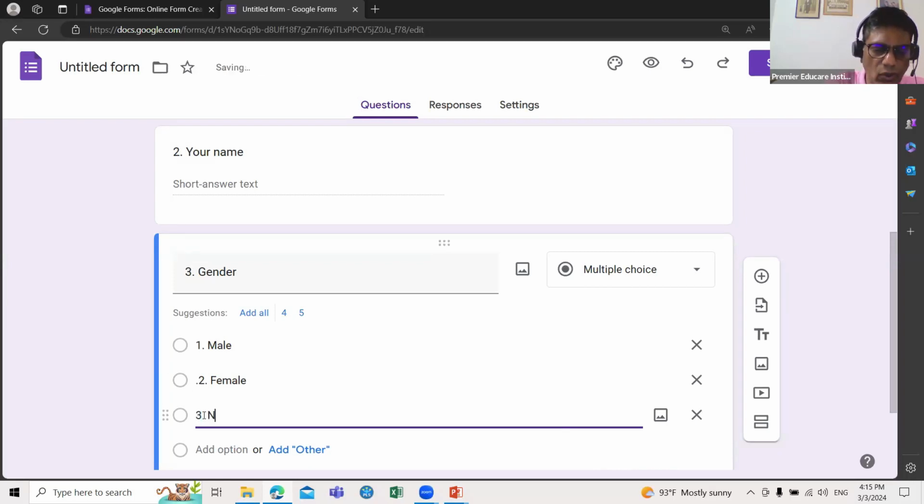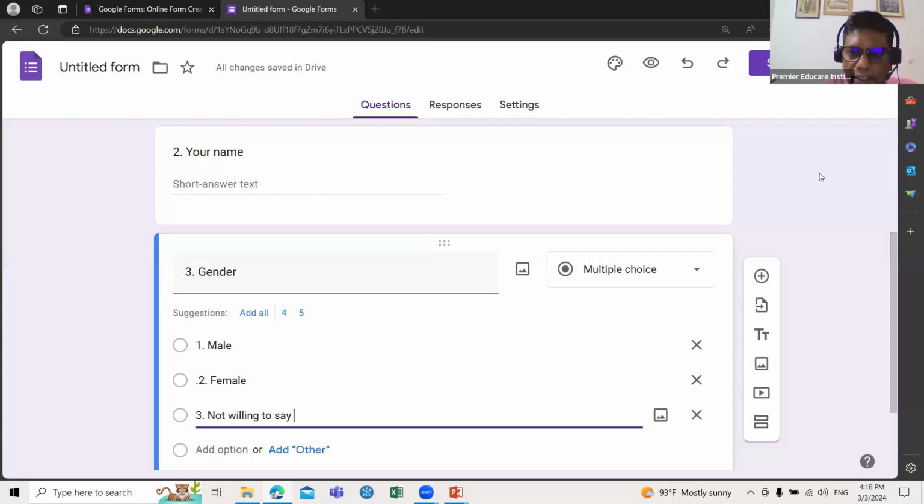Third one, not willing to say, because some respondents are not willing to say their gender, for obvious reasons. Okay, right. So now you can see here, I will show you later. These are multiple choices. That means you can click only one out of these 3, male or female or not willing to say, right?